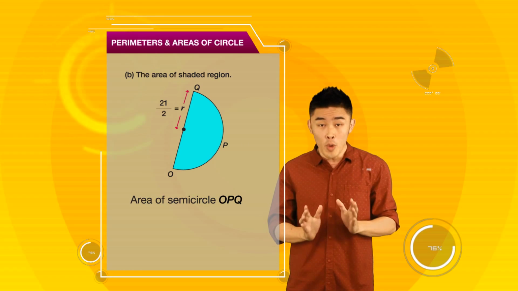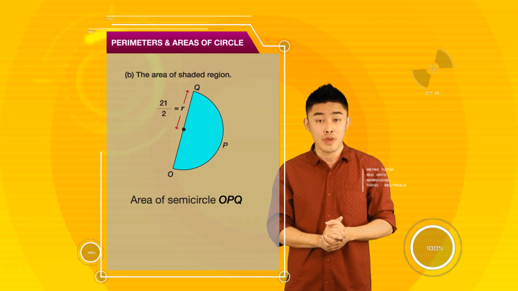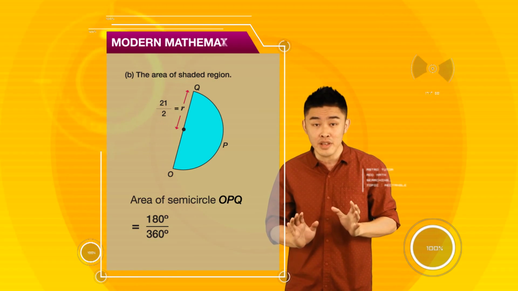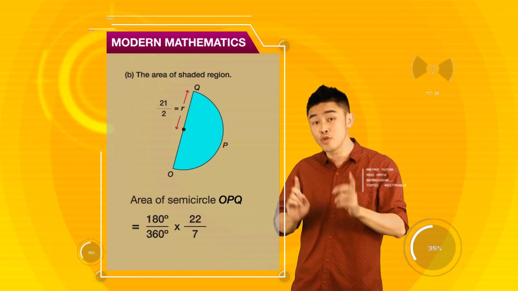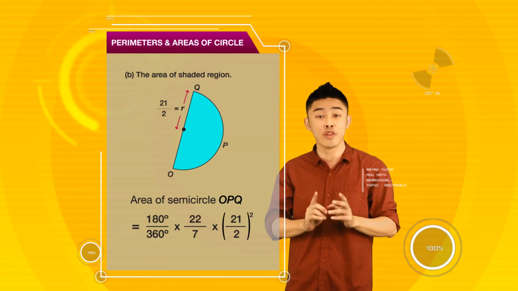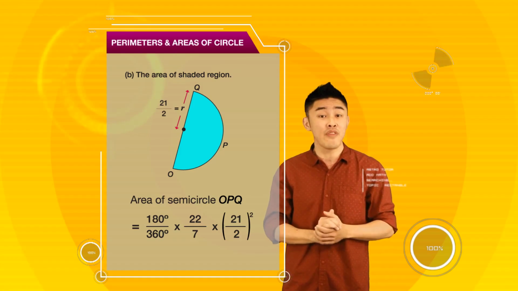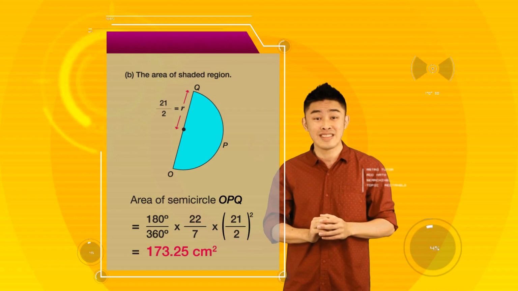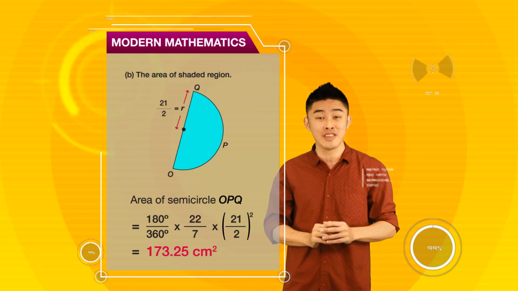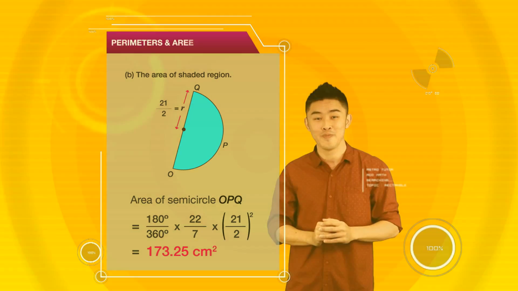If we go by the formula, it will be 180 degrees over 360 degrees times pi, which is 22 over 7, times the square of the radius, which is 21 over 2 squared. And we will arrive at the answer of 173.25 centimeters squared. And that is the area of the semicircle QPO.